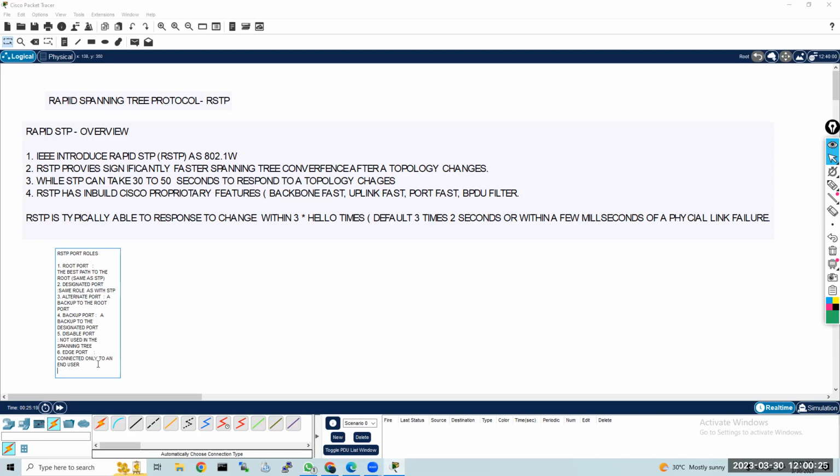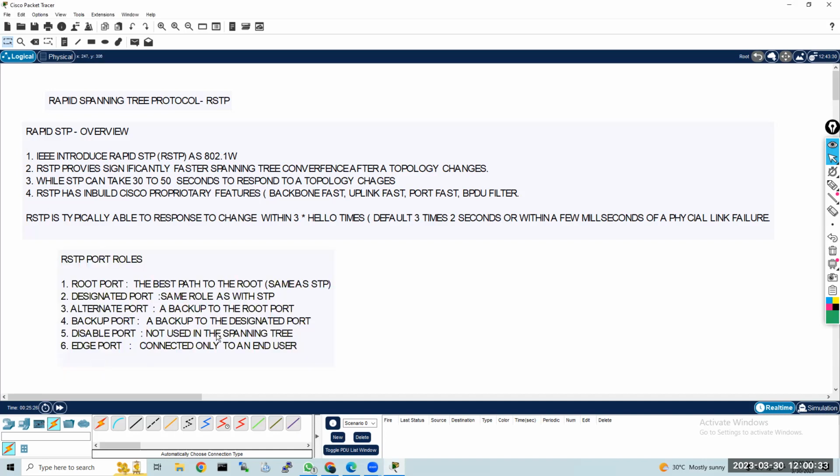So next thing is the alternate ports. Let me write this one also. Alternate port roles. So what is alternate? A backup. Let me write it down point-wise.